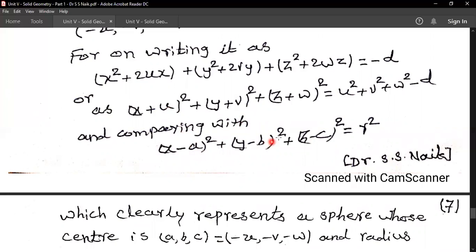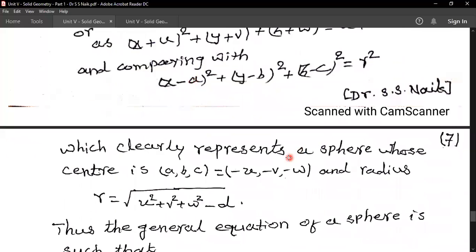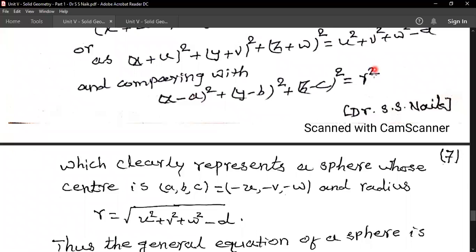Similarly, v is equal to minus b and w is equal to minus c, which clearly represents an equation of a sphere whose center is (a, b, c), as we have already seen. Comparing, we get the center as (minus u, minus v, minus w), and this is r square, so r is equal to the square root of this value.